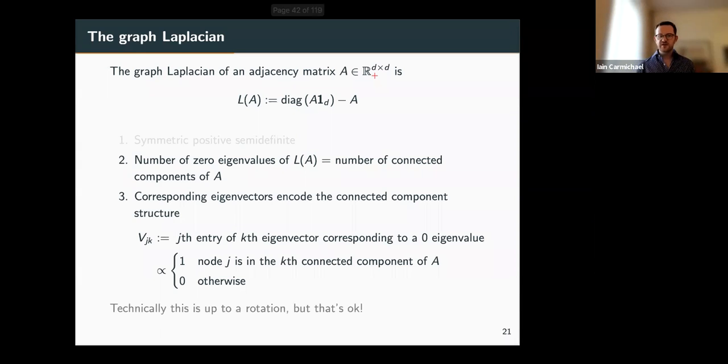And the second observation is that the eigenvectors corresponding to those zero eigenvalues encode the connected component structure of the graph. So if you take the kth eigenvector corresponding to a zero eigenvalue and look at the jth entry, that's going to be some non-zero number if node j is in the kth connected component of the graph, and it's going to be zero otherwise.